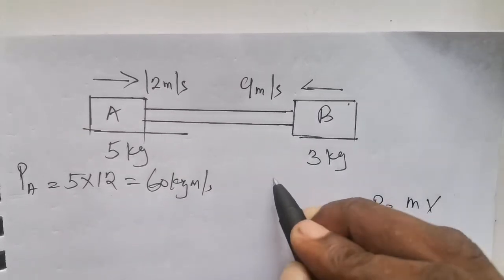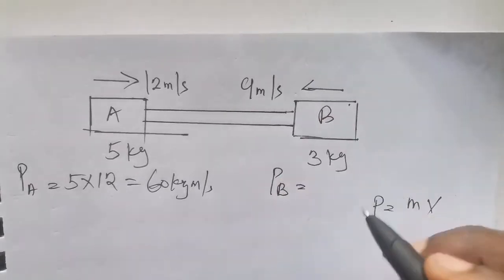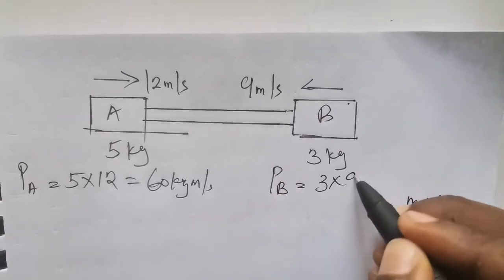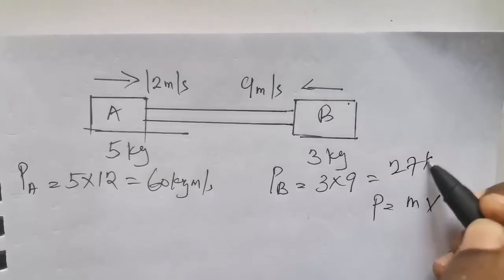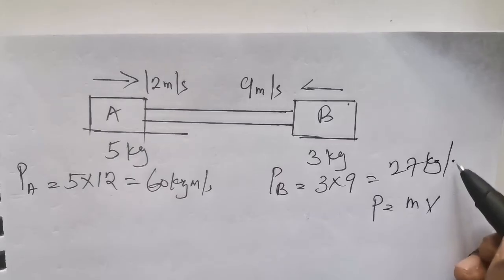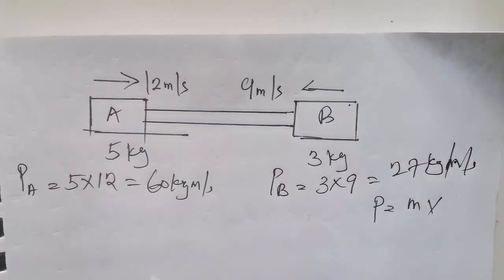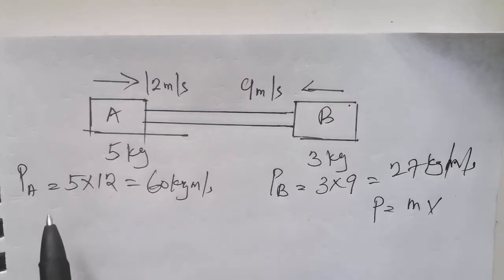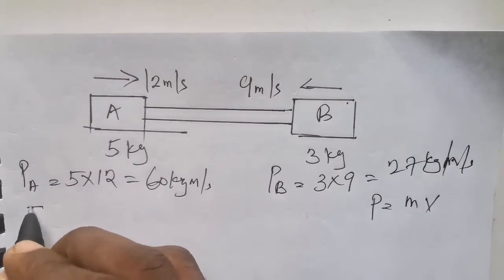Similarly, we calculate the momentum of collar B, which is equal to 3 times 9, and that is simply equal to 27 kilogram meters per second. Okay. So before collision, these are the respective momenta of each of these bodies. So you simply find the sum of momentum before collision.